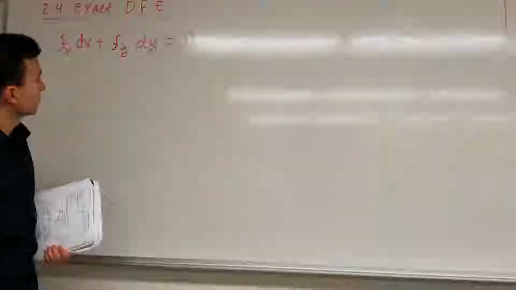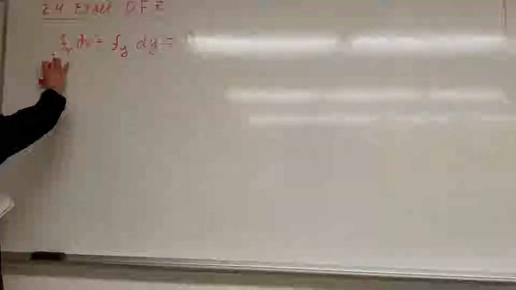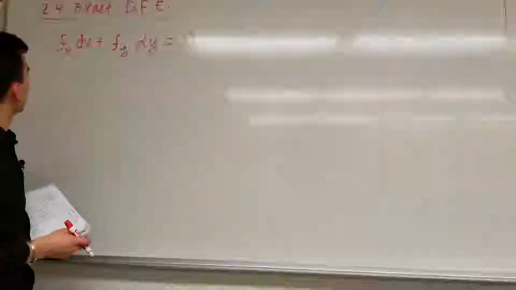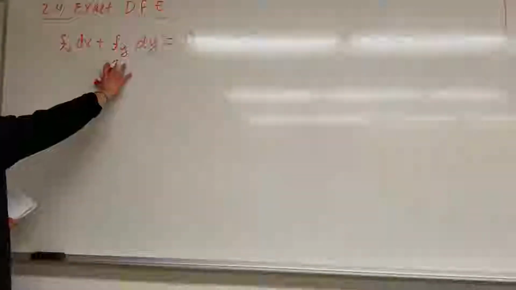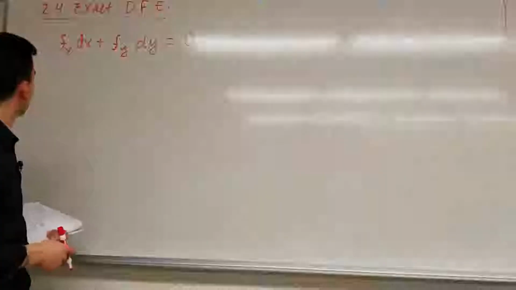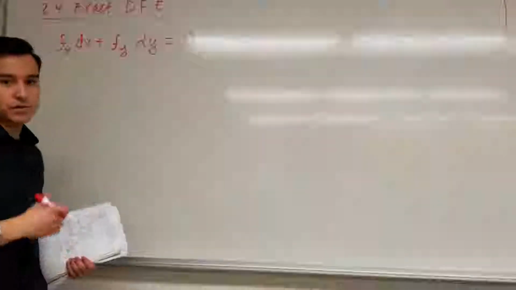Okay, if you've never seen this before, this is the partial derivative of f with respect to the partial derivative of x. And this is the partial derivative of f with respect to the partial of y. If you don't know how to take a partial derivative, I can show you really quickly.